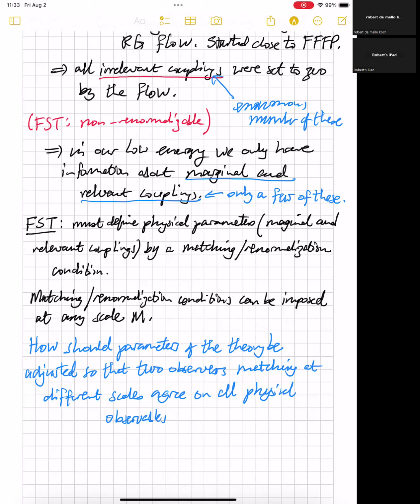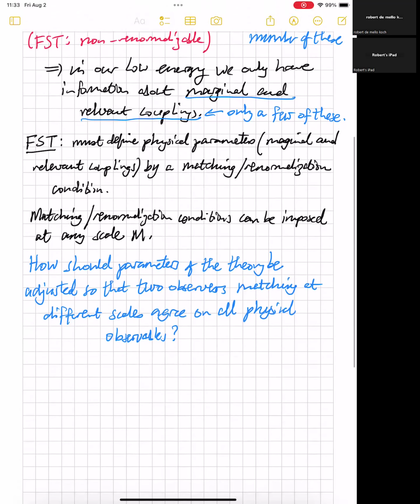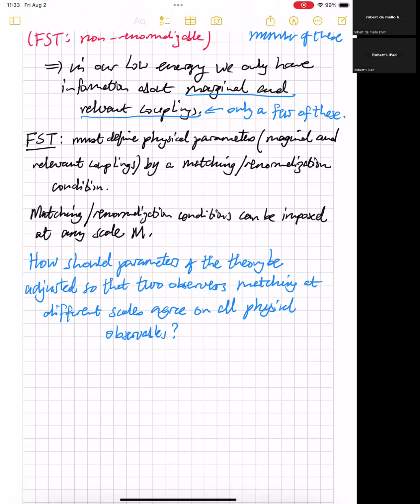Okay, so that's the question. How should the parameters of the theory be adjusted so that two observers matching at different scales agree on all physical observables? So this is the key question that we want to ask.